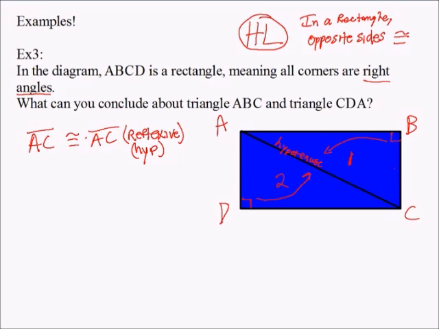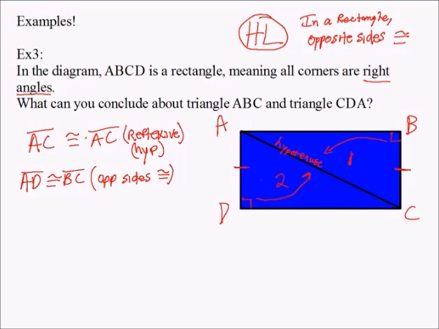So I know that BC and AD are the same. So let's say AD is congruent to BC, because opposite sides are congruent. So here we go.